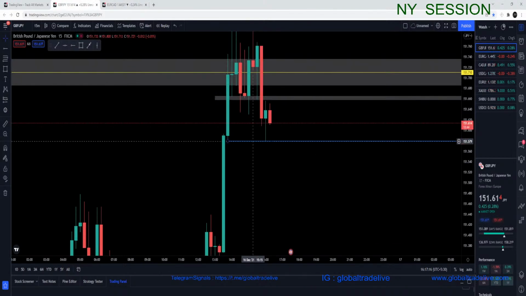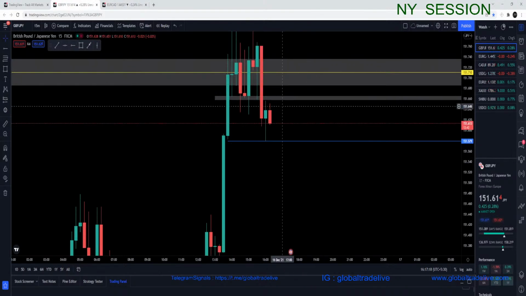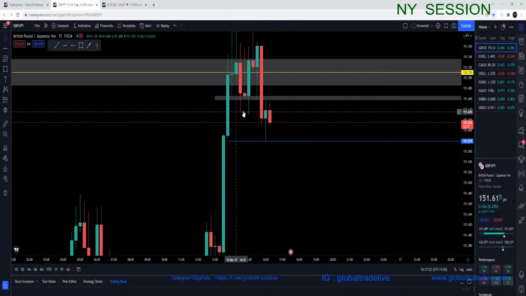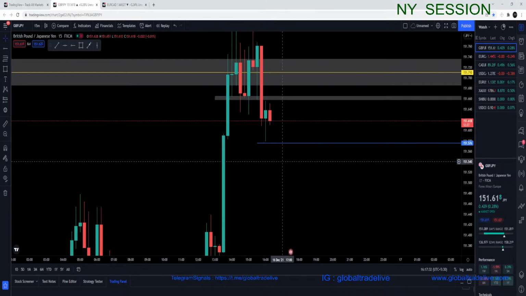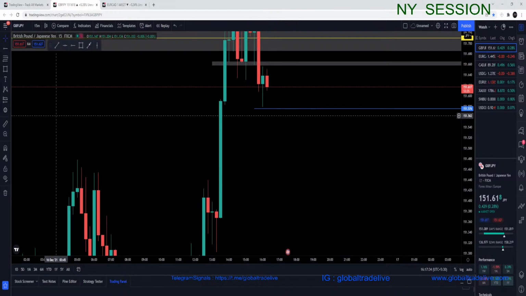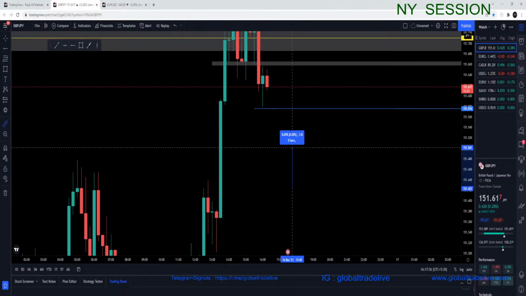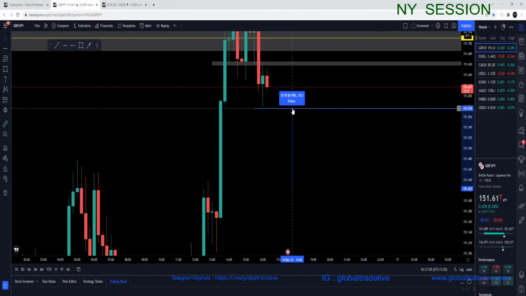Oh, look here what GBP is doing right now. The previous GBP JPY 15-minute candle closed bullish under this area, right? And the current 15-minute candle is respecting the high of the previous one and about to break the low of the previous one. And we have this clean area to cover up. So this range is about 15 pips.